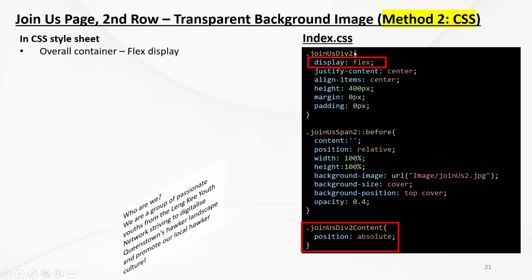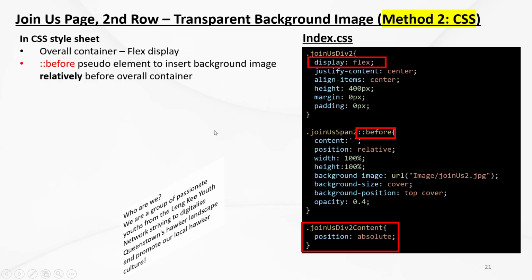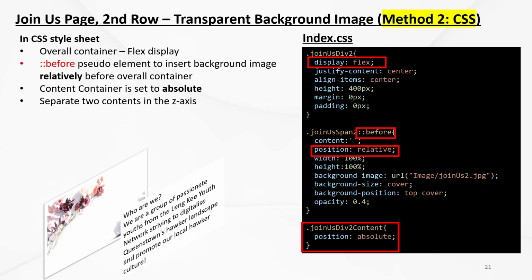Oops, some typo here. It should be span. And we also need to make sure the position is relative to it. This way, the container will be separated, as you can see in the z-axis, you can see here. And if it's separated, when we adjust the opacity, this will not be affected, but this will be affected.